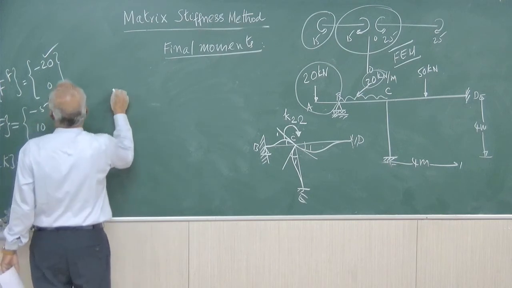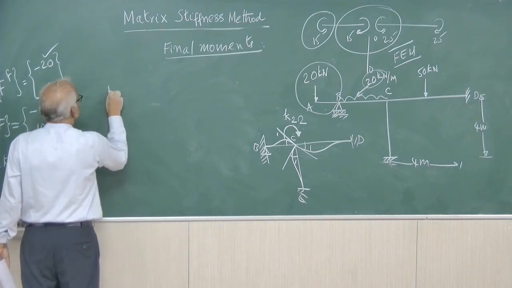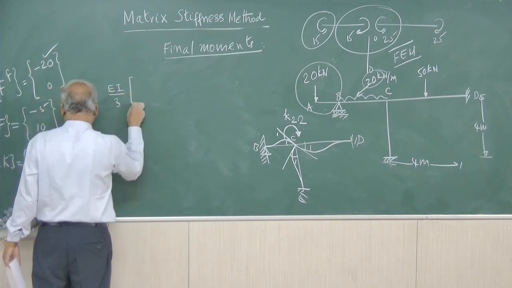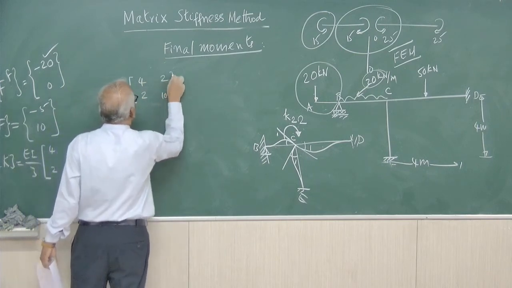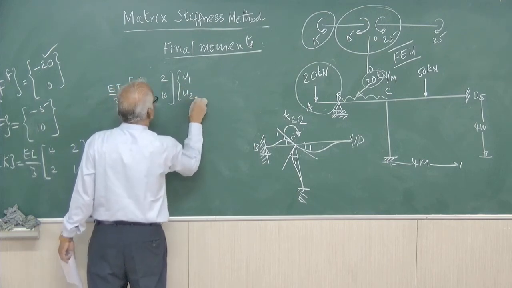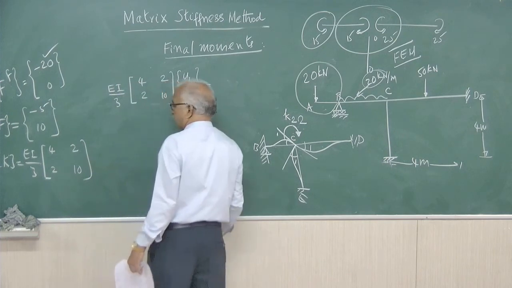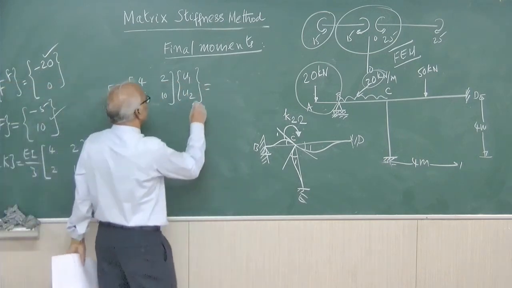Therefore, the equilibrium equation is, I will avoid writing certain things. EI by 3 times the matrix 4, 2, 2, 10 into U1 and U2 equals, finally, F equal to minus 5 and 10.